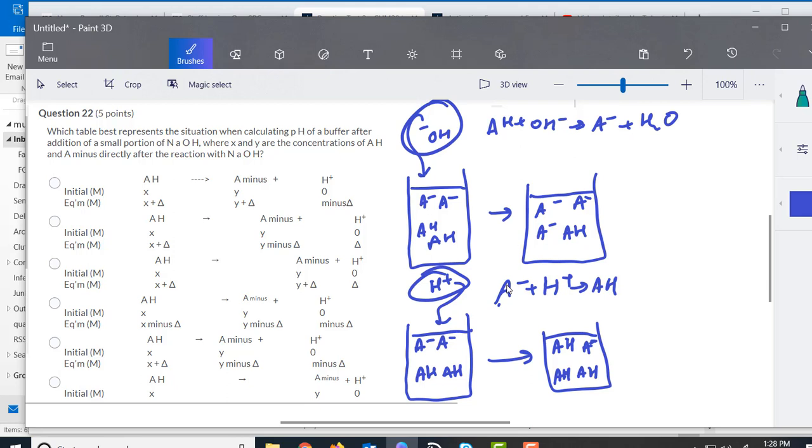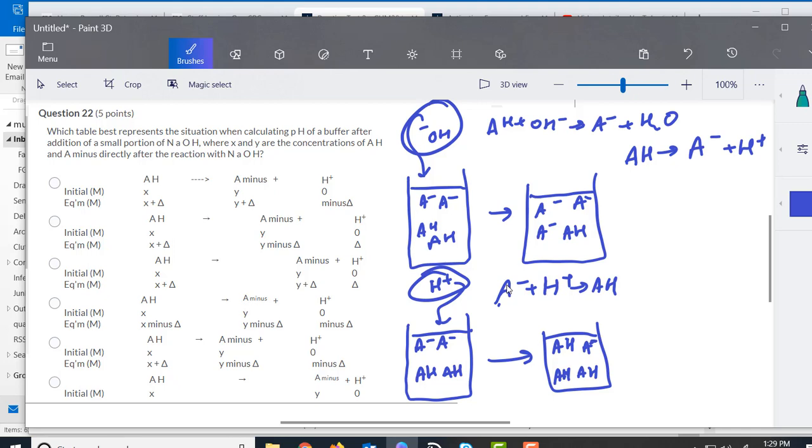Now at that point, once there's just A minus and AH in the solution, the OH minus and the H plus are completely gone. They're both going to be subject to the same kind of reaction, and that is AH can separate into A minus and H plus, but only a very small number will do so.